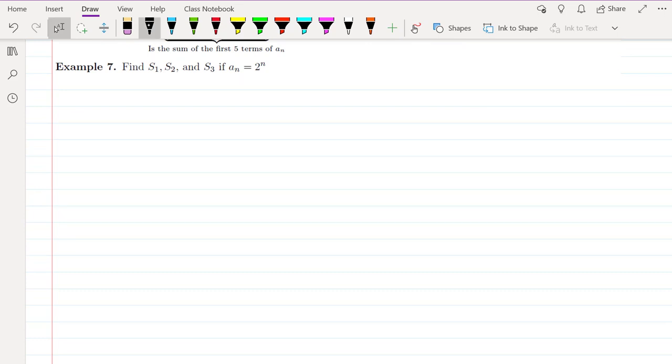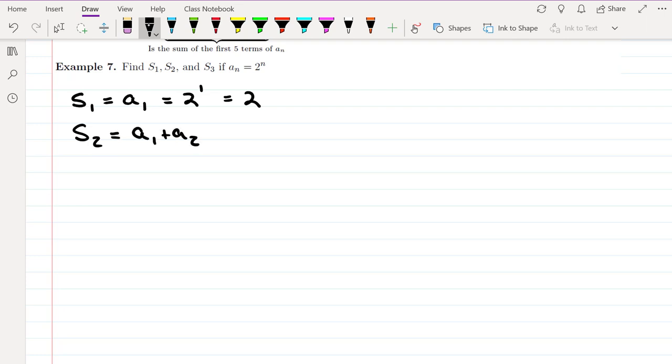So we wish to find s1, s2, and s3 if a sub n equals 2 to the n. So s sub 1 says add up the first member of the sequence, so there's not really anything to add because that's only one sequence member, which is then 2 to the first power, which is going to be 2. S sub 2 would ask us to add up a1 plus a2.